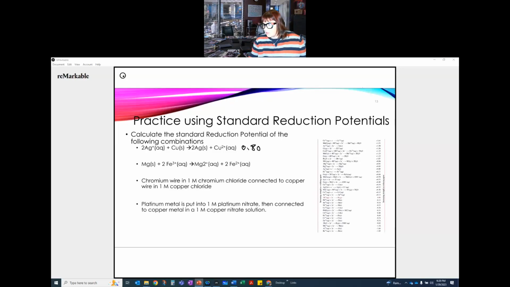Then I find the copper one. I'm looking for copper, but going in the direction Cu solid going to Cu2+. Because I'm going to inverse it, that is negative 0.34. And so adding those two together, 0.80 minus 0.34, which is 0.46.